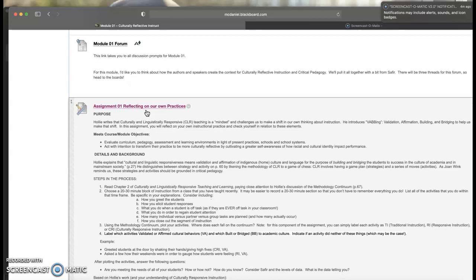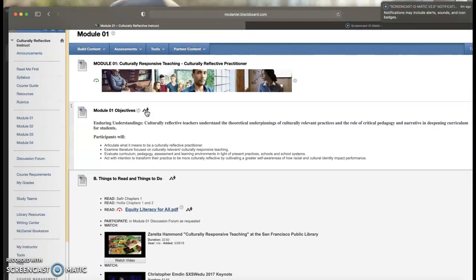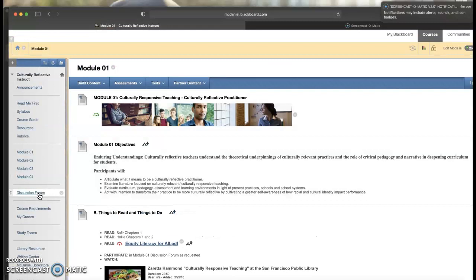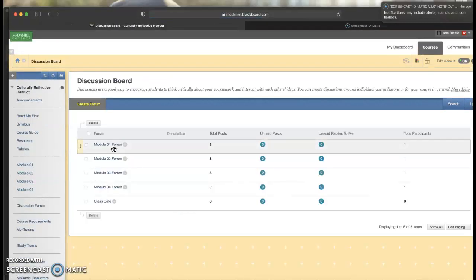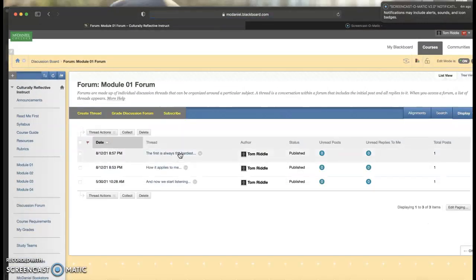The assignments are due on the second Sunday of the module before midnight. To get to the discussion board, you can also click here and then click into the Module 1 forum. Again, there's 3 threads for this first module, so in each of the threads you should reply initially and then try to reply at least 1 time in the middle and then 1 time towards the end of the module to your peers.